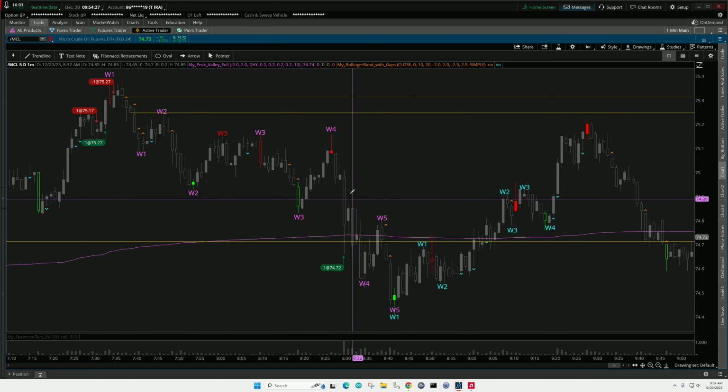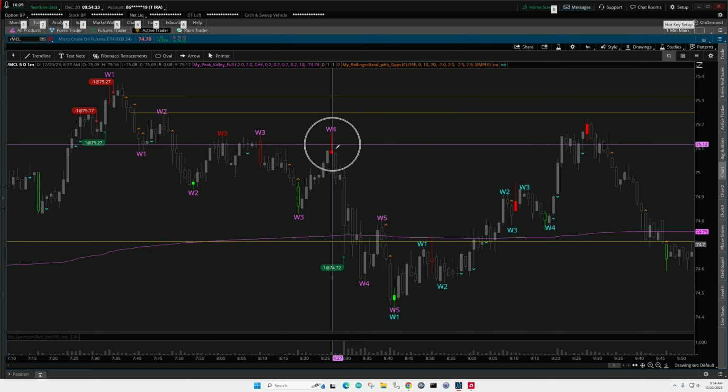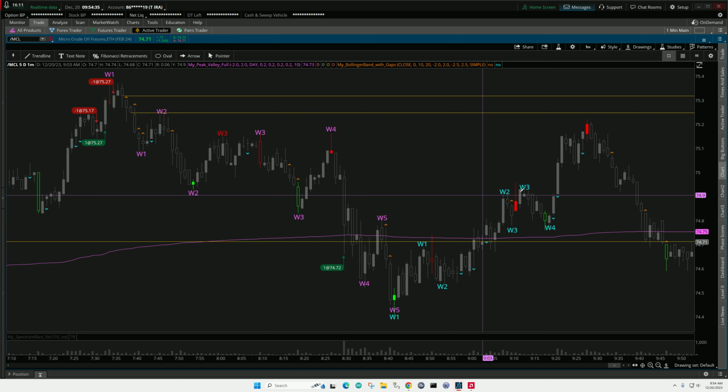However, there's still poor structure through here. Right above in this section, there's poor structure, and there's poor structure through here that already got retraced. So this can be a target for you, along with gaps above, since oil's been in an uptrend for the last few days. Hope that helps.